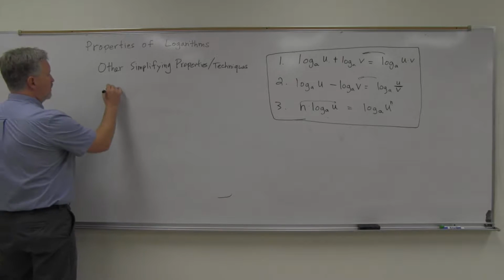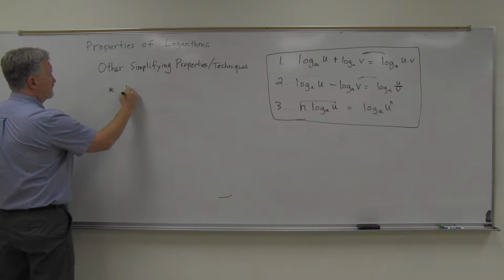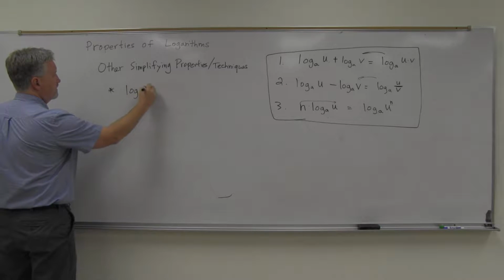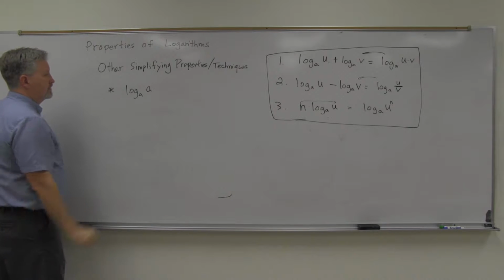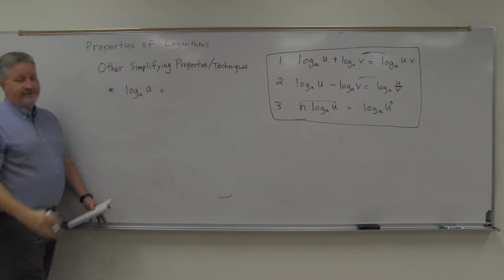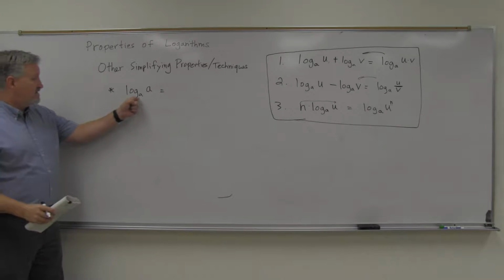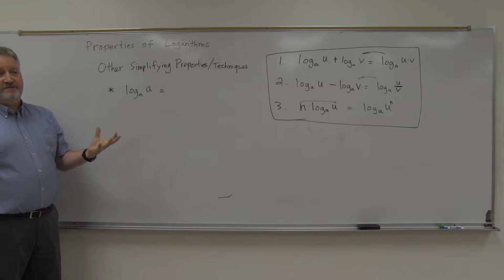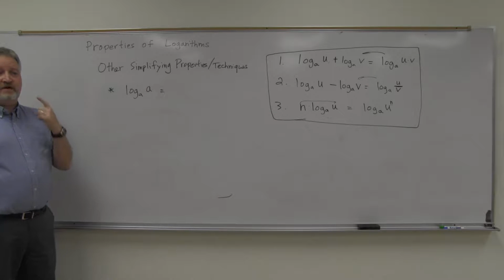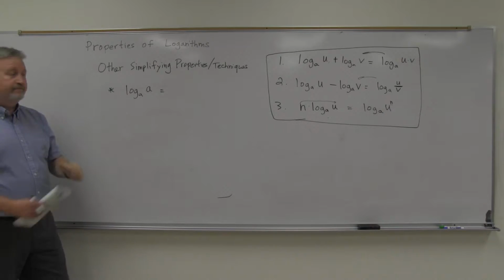One of them is the fact that if you've got log base A of A, with the base A here and then the same number here, that's always going to reduce down to be 1, isn't it?